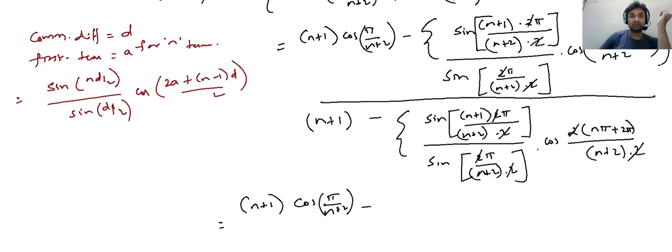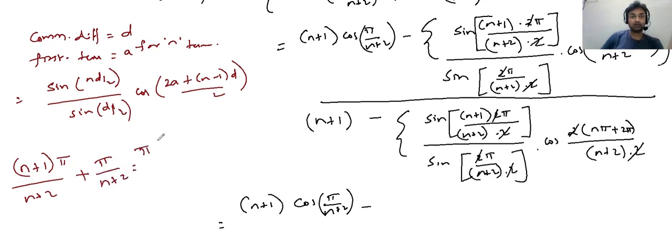If you see, I'm just gonna write over here n plus 1 pi divided by n plus 2 plus, why I have added, I'll just let you know. In both, if I take pi common, it's going to become n plus 2 divided by n plus 2, cancel, it's going to become pi.